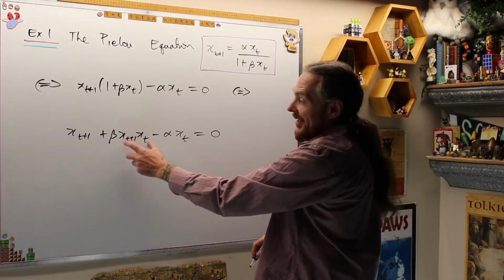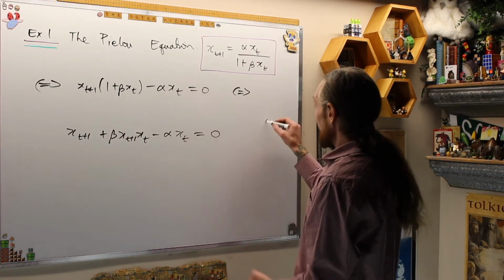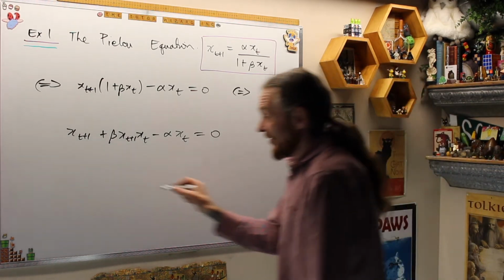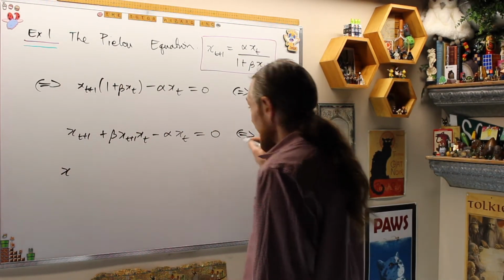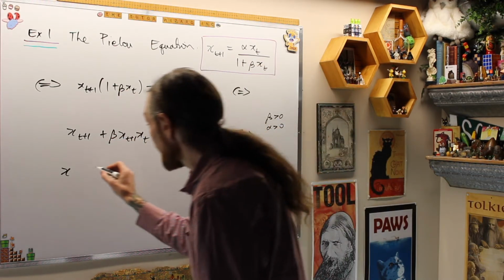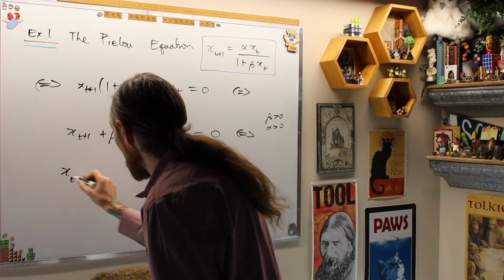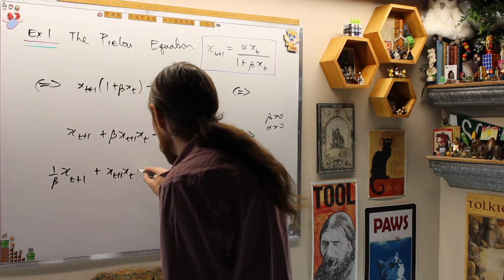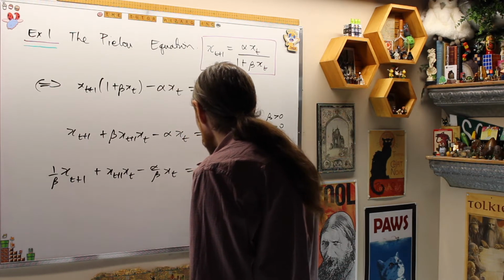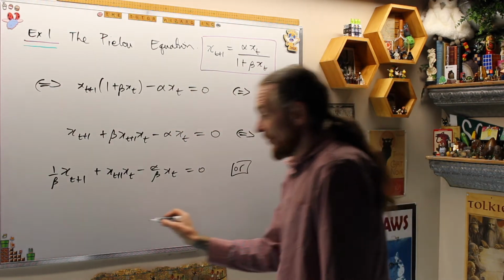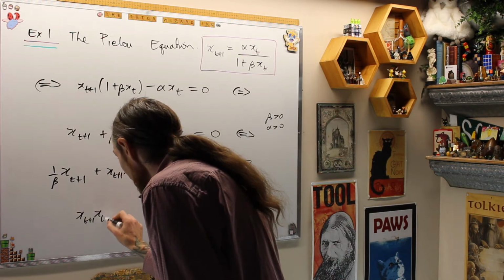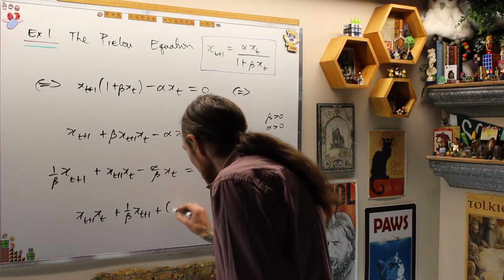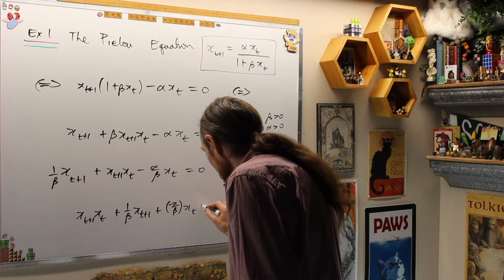And then what I'm going to do is, technically, when we did it in the form, this was a oneer. So we'll divide by beta. I'm going to assume that beta is positive and alpha is positive, so we're not dividing by 0. And then what that's going to give me, if and only if, simplifying this and dividing through by 1 over beta, we get xt plus 1, 1 over beta, plus xt plus 1 xt minus alpha over beta xt equals 0, or specifically the way they wrote it was xt plus 1 xt plus 1 over beta xt plus 1 plus negative alpha over beta xt equals 0.